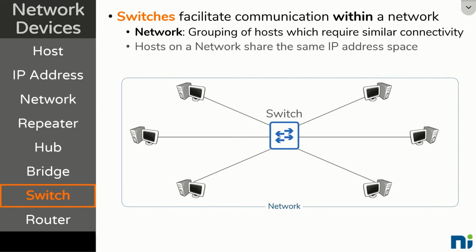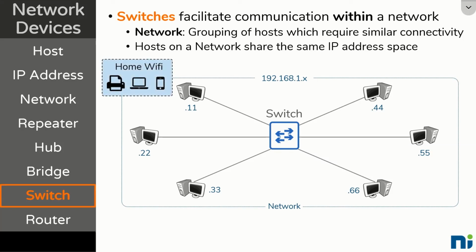Moreover, networks all share the same IP address space, which means this network owns all the IP addresses which start with 192.168.1.anything. And this host's identity is the IP address 192.168.1.33. And this host would be 192.168.1.66.